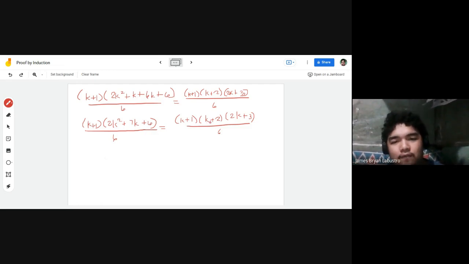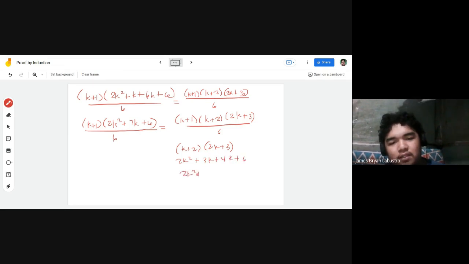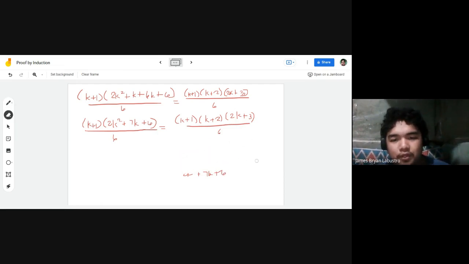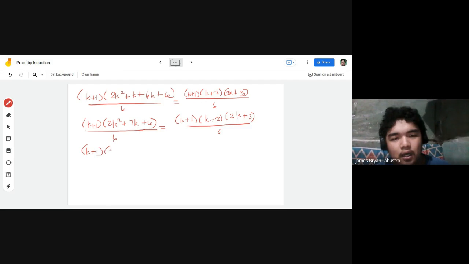Let us check if it satisfies the condition. So we have 2k² + 3k + 4k + 6, so we have 2k² + 7k + 6. So this would be the factor of this quadratic. So we have (k+1)(k+2)(2k+3) all over 6.